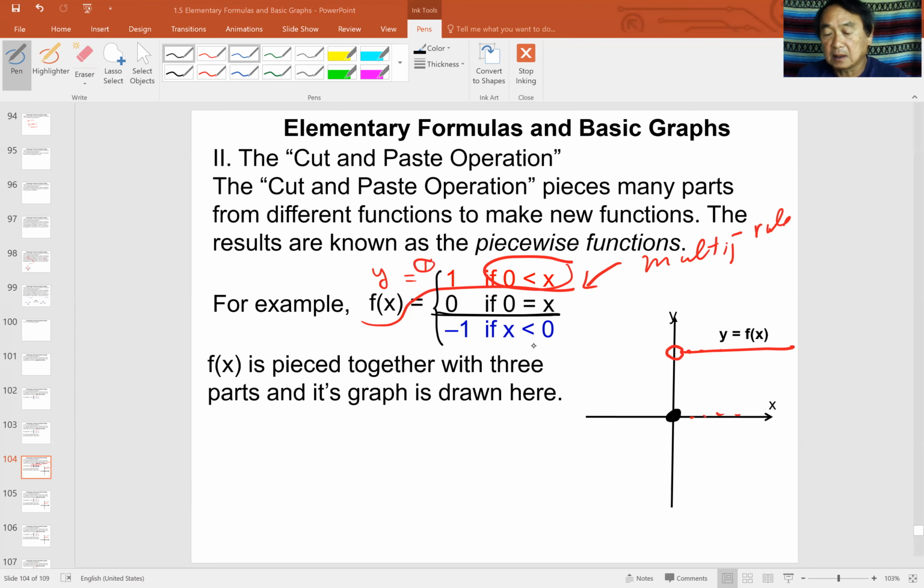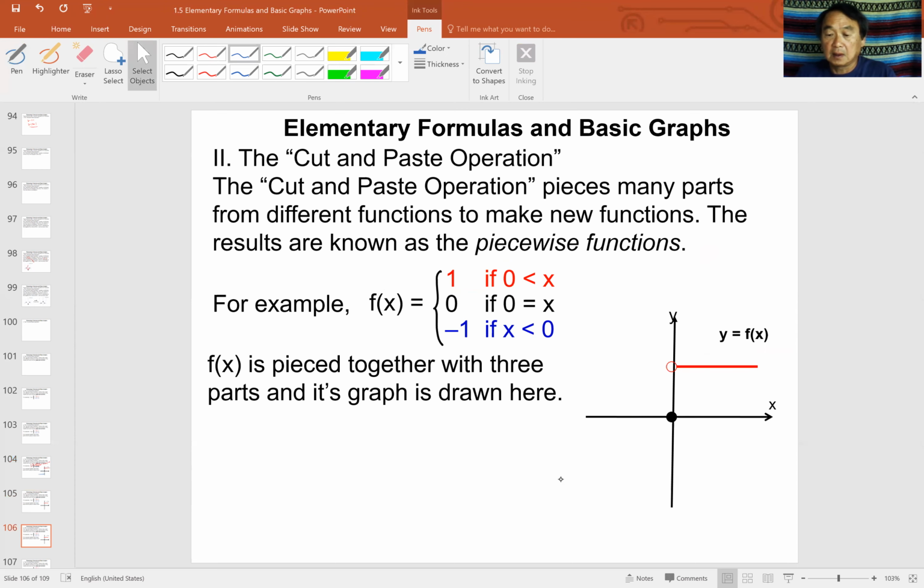And the third part is if the number you choose, x, is less than 0, on this side, then the function explicitly returns minus 1. The graph comes in pieces because the rules come in 3 segments, so you get 3 pieces of graph.